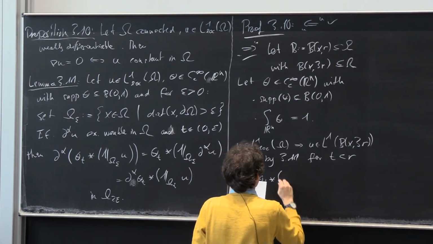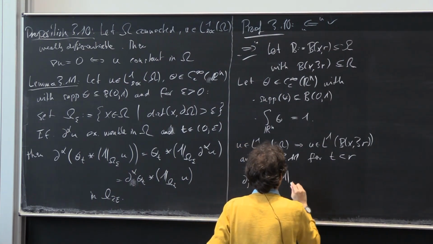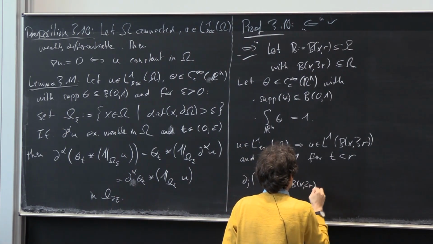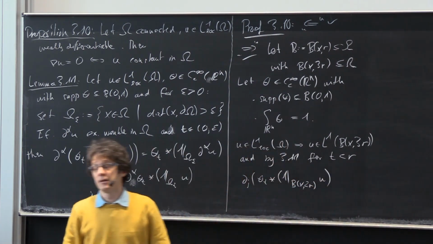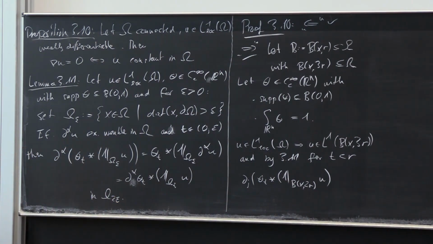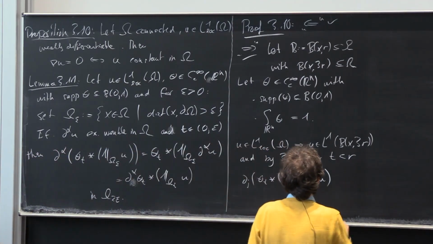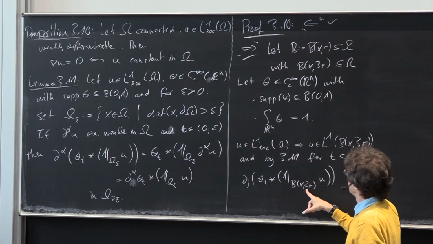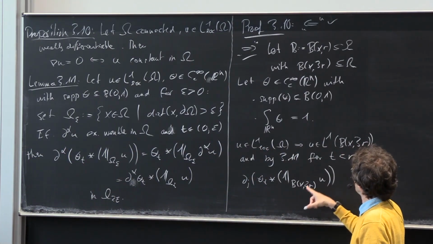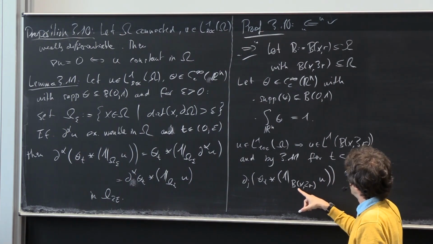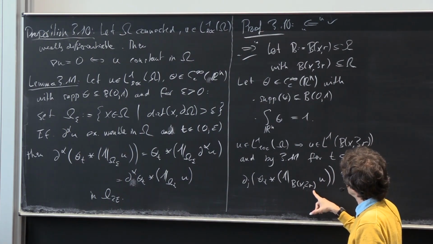And then you get that the jth derivative of theta t convoluted with, now we multiply u with a cutoff function on the ball around x with radius 2r. This is also still in omega, this is okay, but this gives us a security distance of r to the ball with radius 3r.